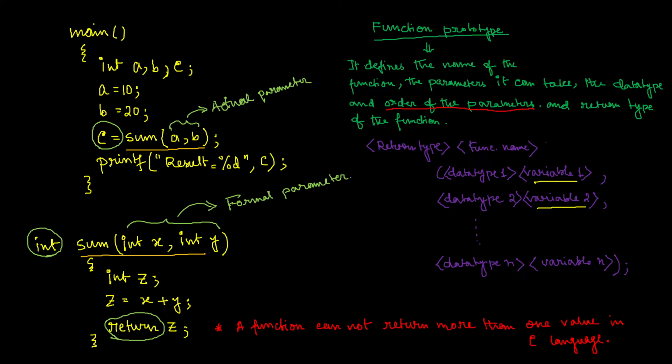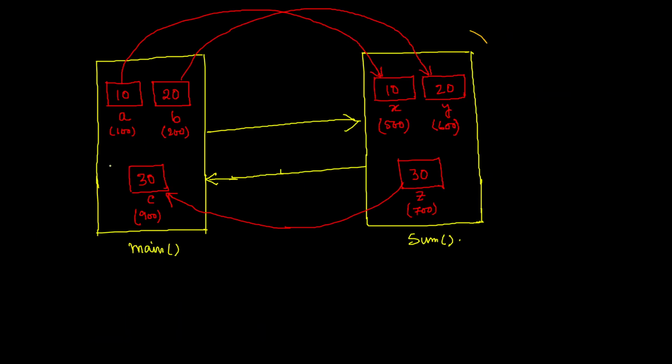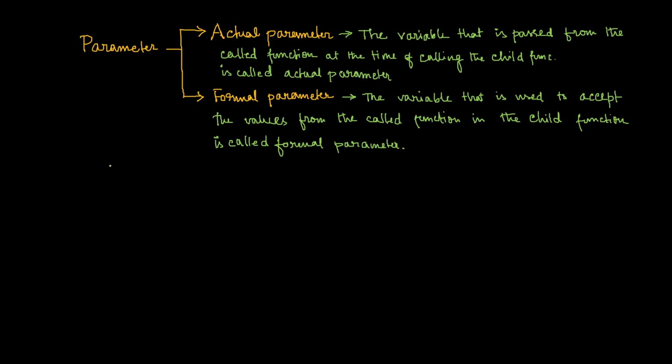What I mean to say is, suppose there is a company, for example. Let's take a situation where some user is here, and the user will interact with the main function.